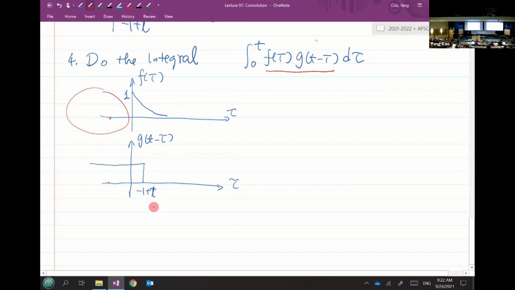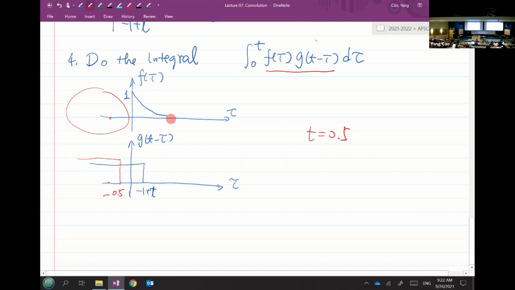So I want you to think: if t is 0.5, where is this shifting graph? It's over here. If t is 0.5, you have the graph over here, and you have a graph over here.